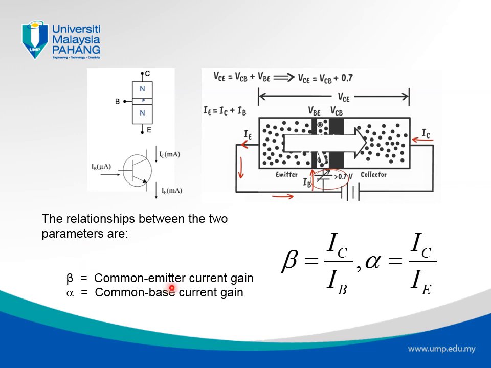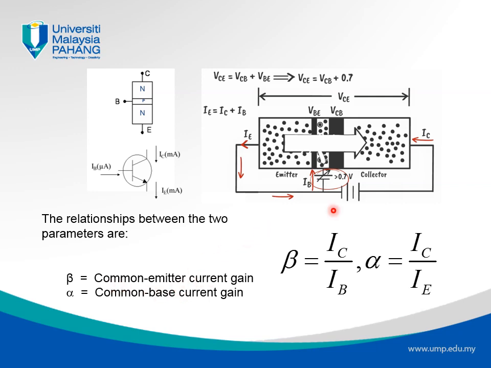What is the common emitter configuration? Well, the explanation that we use here to explain the operation of a transistor is basically the common emitter configuration. In the next slide we will see the types of configuration, but common emitter is basically the most used form of transistor configuration.